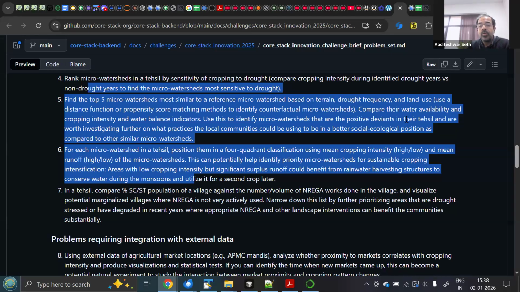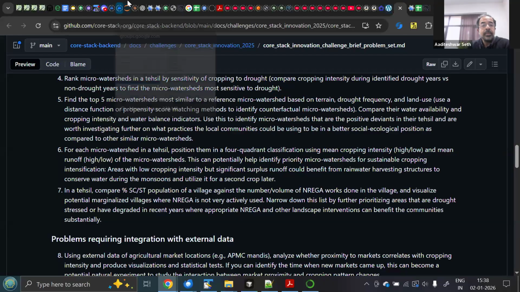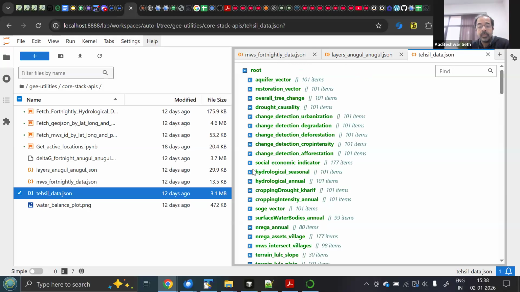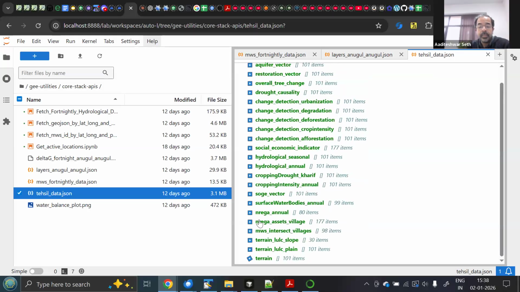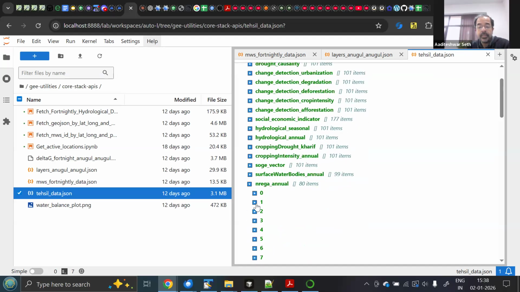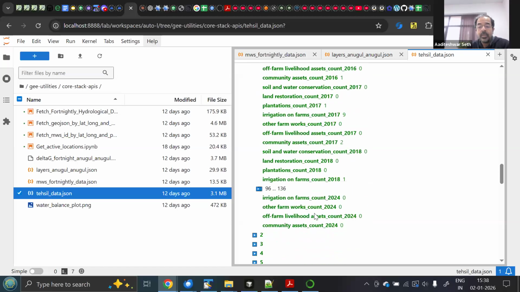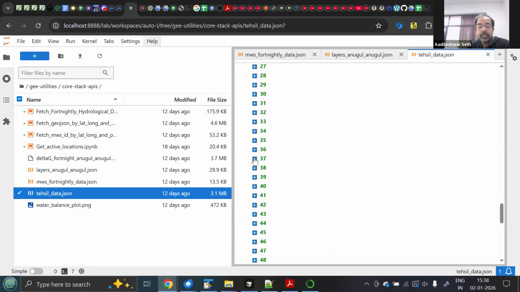So these APIs basically also return you things of the sort. There is this NREGA annual data. So in each year, in this micro watershed, how many soil and water conservation works were done, how many land restoration works were done, and so on. So a lot of this information is there.